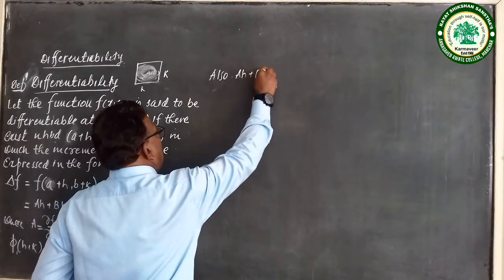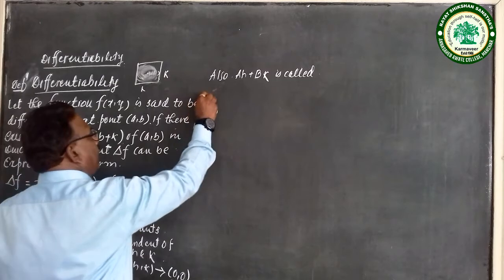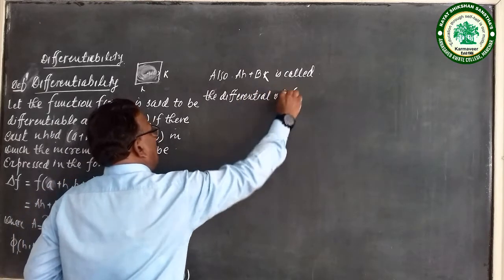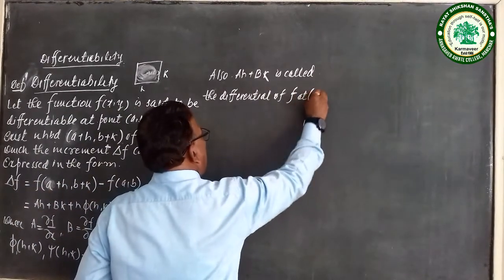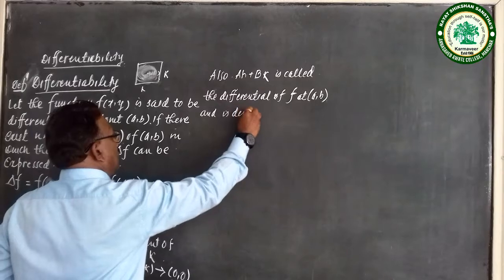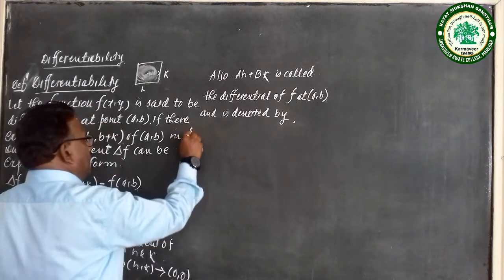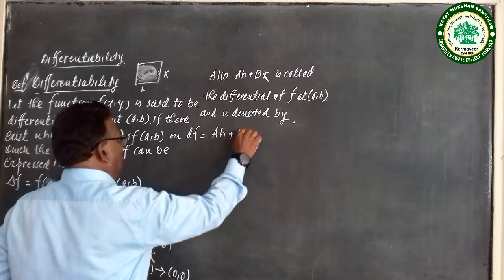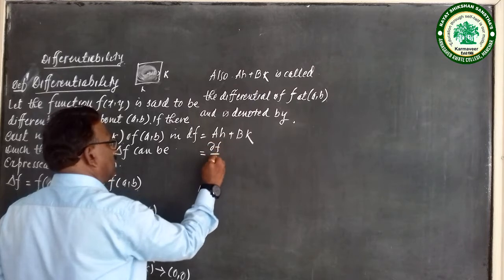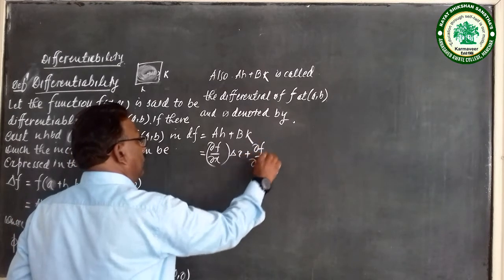Also, A h plus B k is called the differential of f at (a, b), and is denoted by df. df is equal to A into h plus B into k, which can also be written as del f by del x into delta x plus del f by del y into delta y.